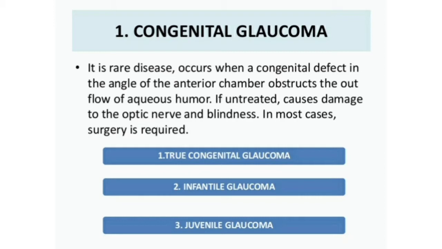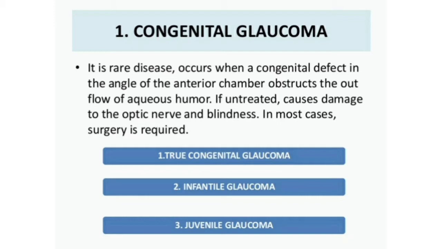This can put pressure on the optic nerve, and this can lead to blindness. So in most cases of congenital glaucoma, when the baby is born, we need to do surgery.